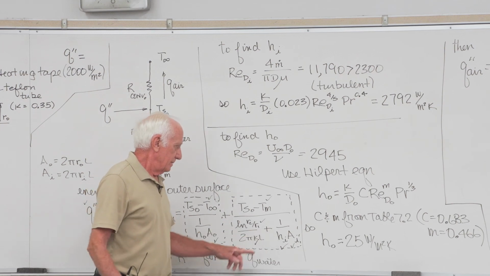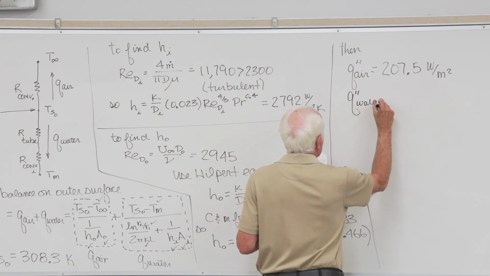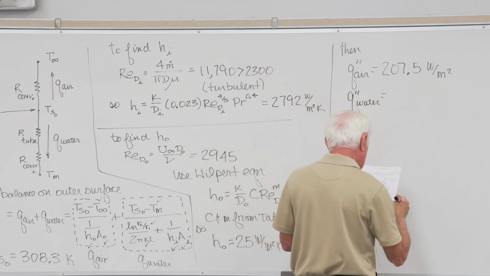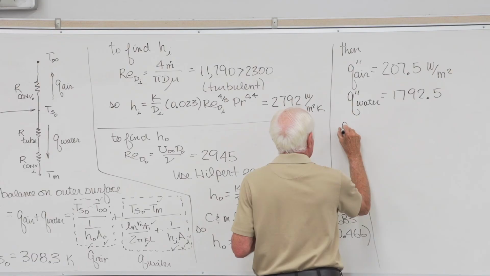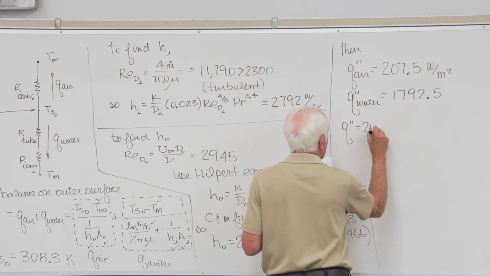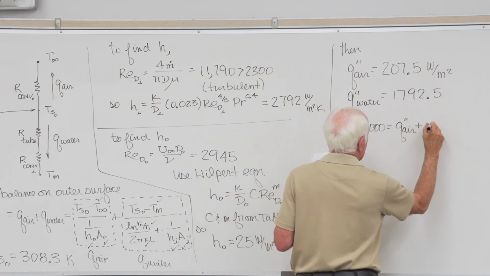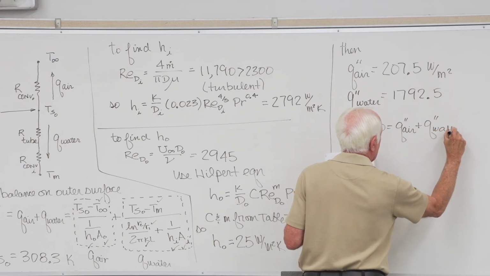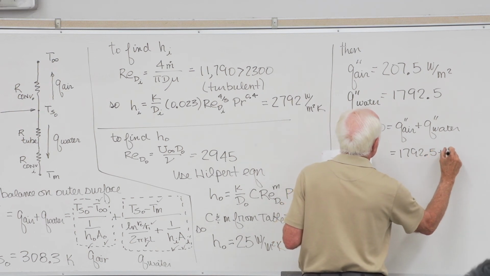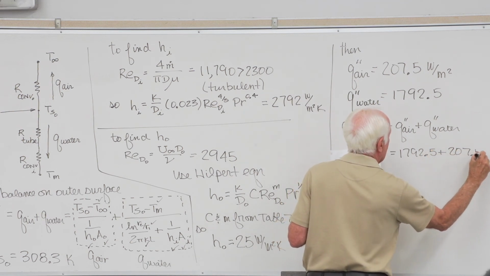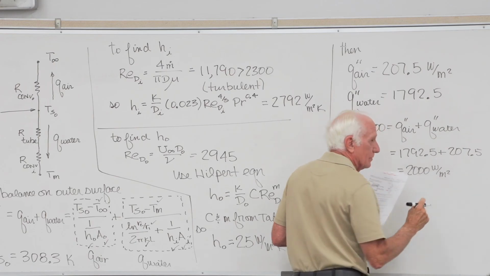When you do that, you get q double prime water, 1792.5. So, of course, it checks, obviously.